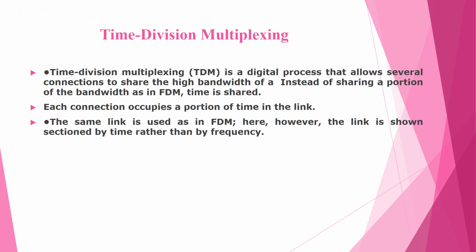Time division multiplexing, or TDM. TDM can be used if the input signal is a digital signal. In short, we can say that time division multiplexing is a digital process.